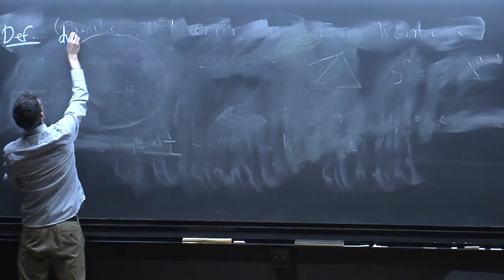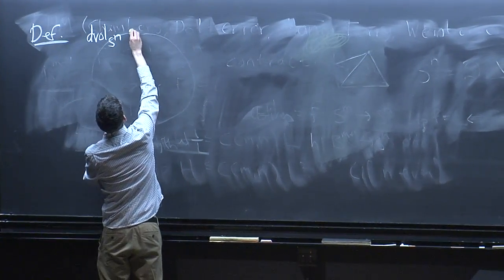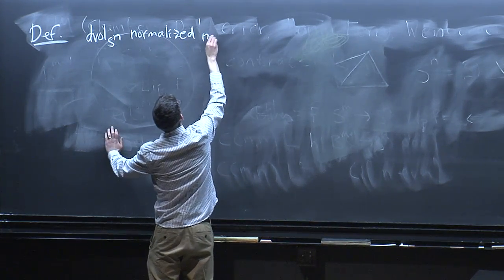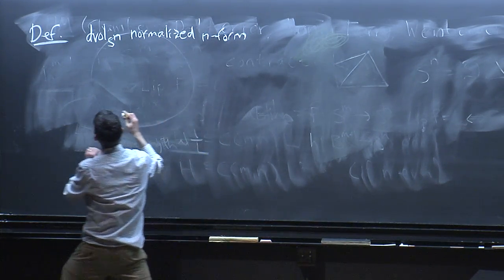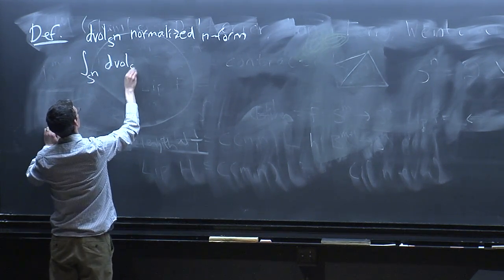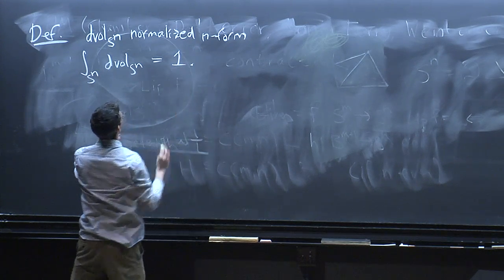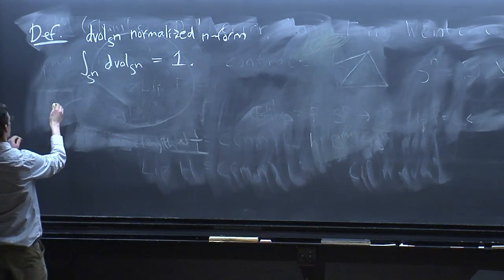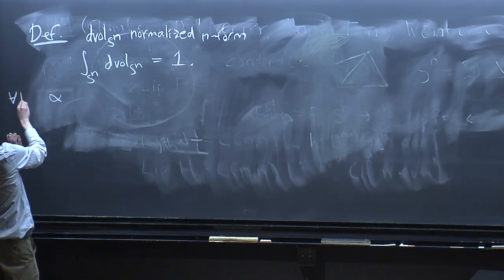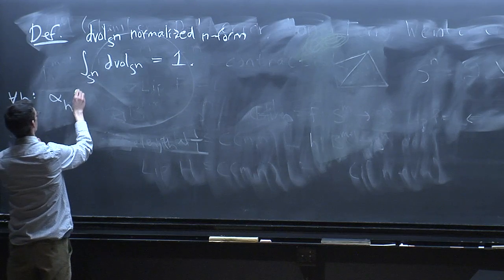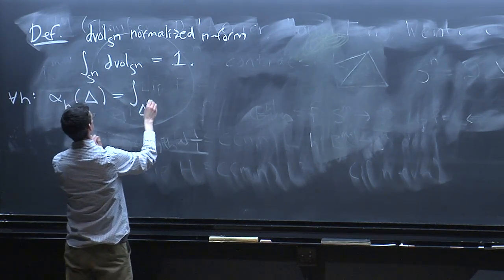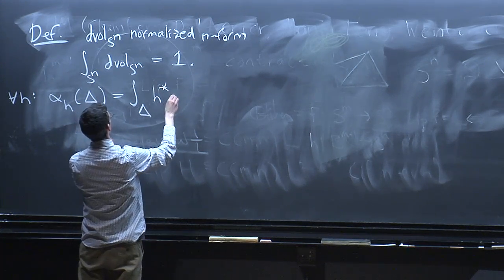Let's say that d volume Sn is a normalized n form on Sn, meaning if I integrate d volume of Sn over Sn, I get 1. And now I define alpha. For any map H, alpha sub H of an n face is the integral over the n face of the pullback of d volume of Sn.